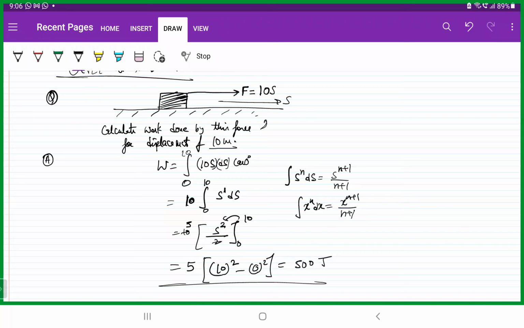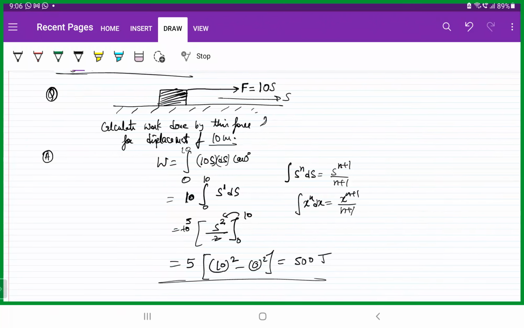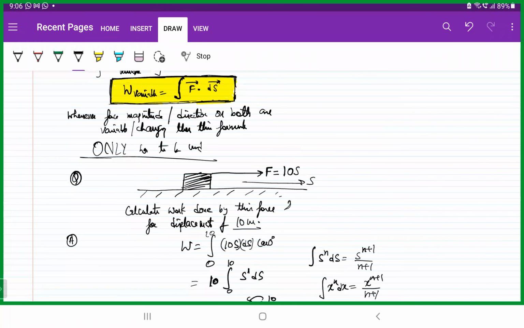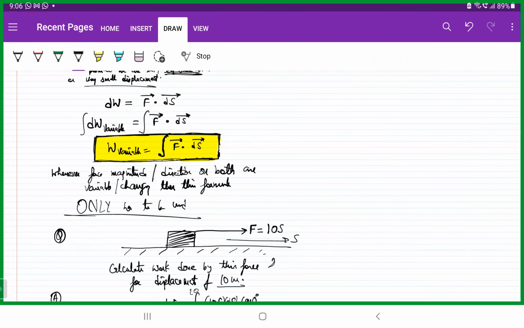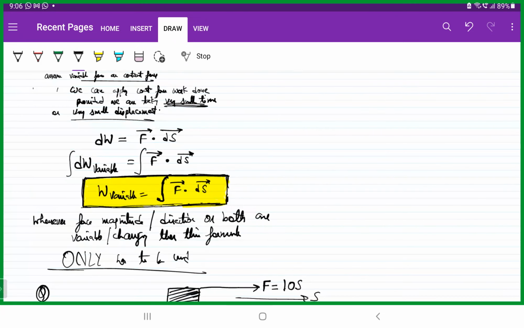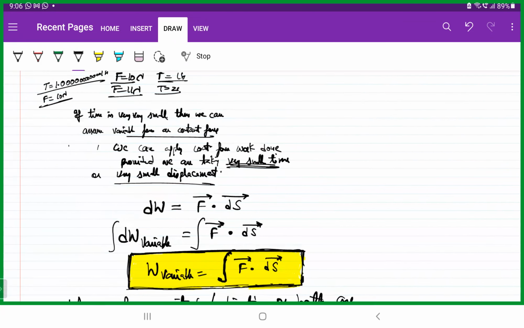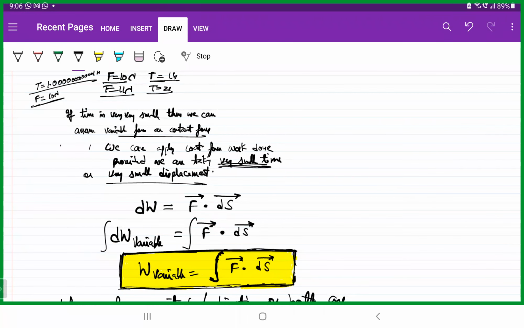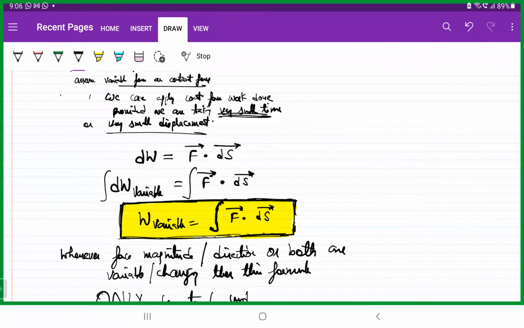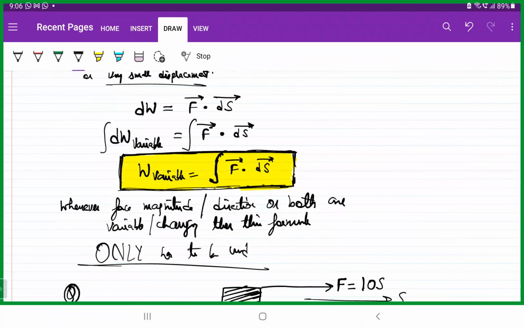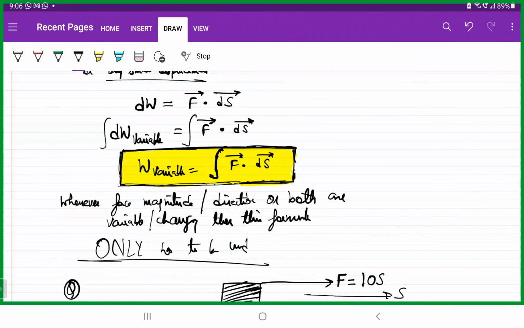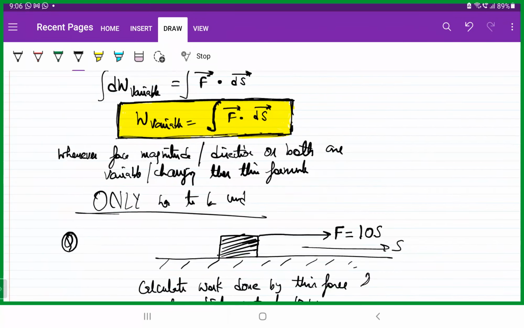He was a physicist, because in physics, we need calculus. In this type of scenario and many other formulas in which we have a constant formula but we want it for a variable, you can see that if time is very, very small, we can assume a variable force to be constant. Time is small, displacement is small. So we have to put ds and hence we have to apply the formula. Okay. So any doubt, anyone in this?